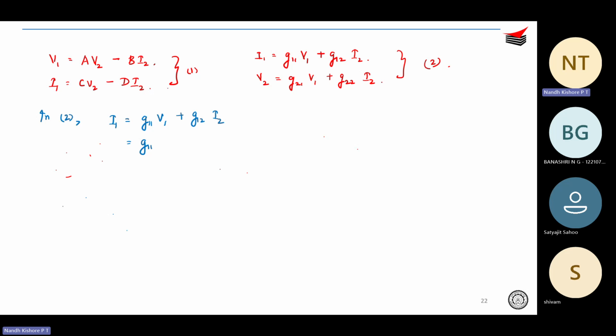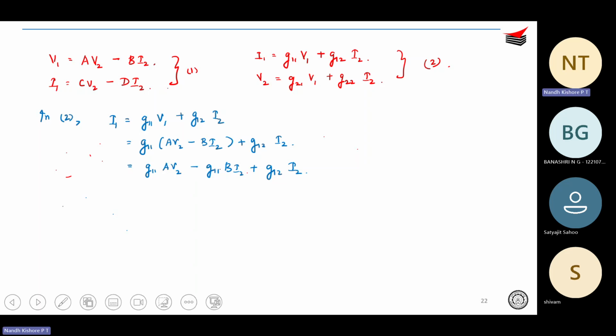Which means G11 into V1 is AV2 minus BI2 plus G12 I2. Okay, that is G11 AV2 minus G11 BI2 plus G12 I2. All right. So this is one.